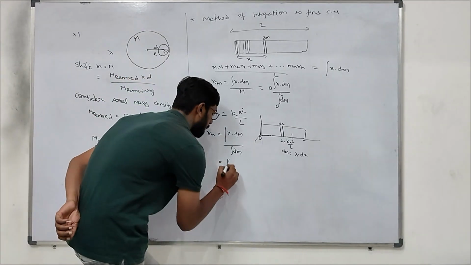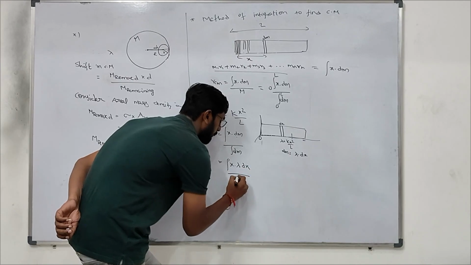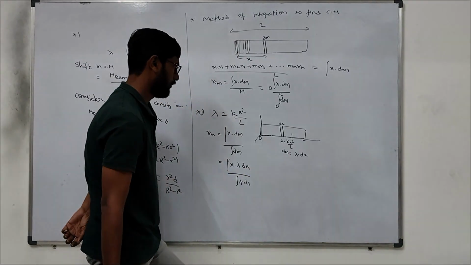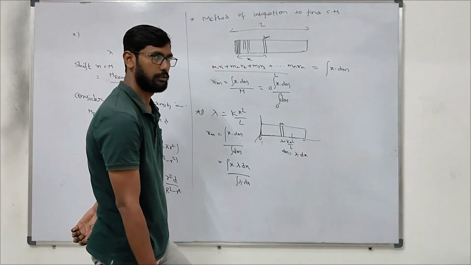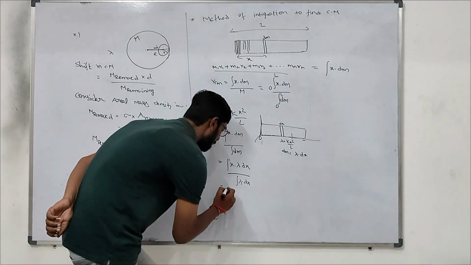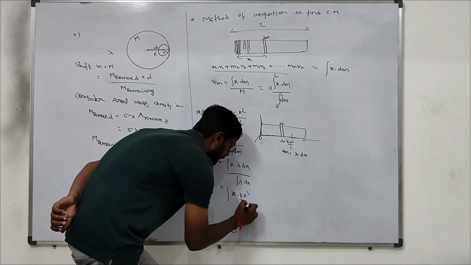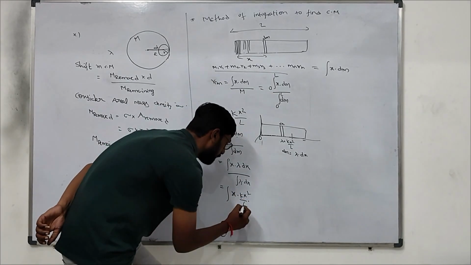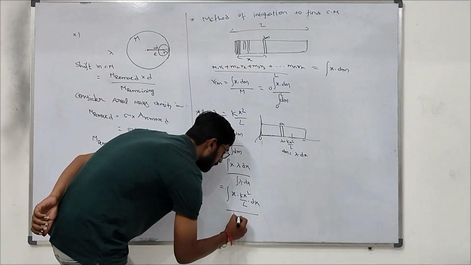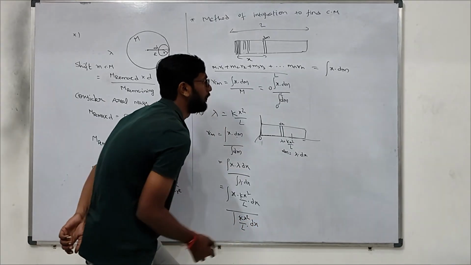So we will do integral x into dm, which is lambda into dx, by integral lambda into dx. Can we cancel these two? We cannot cancel. So integral x into lambda, which is kx square by L, into dx, by integral kx square by L into dx.